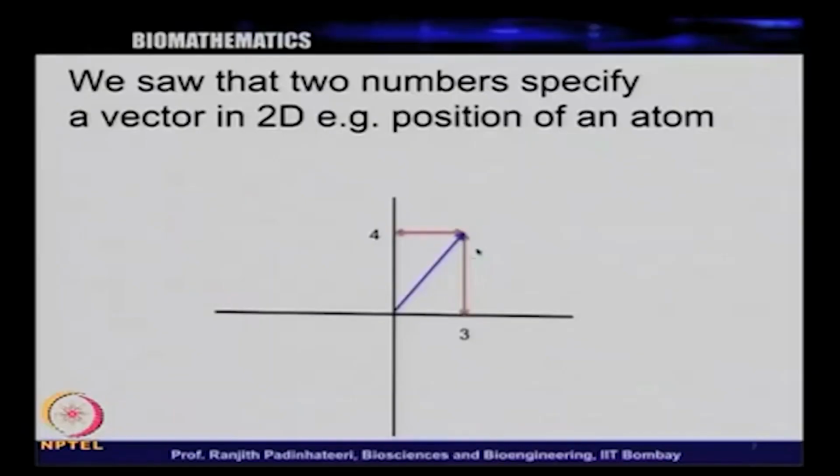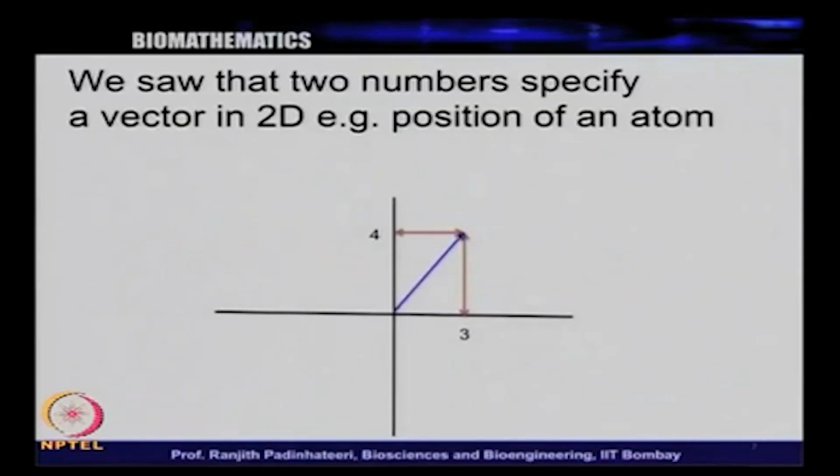What I was saying is that any point, look here, any point that is the end of this blue arrow can be represented by 2 numbers, 3 and 4. In 2D you have 2 numbers, in 3D you will have 3 numbers. So, 2 numbers 3 and 4 uniquely tell you this point.